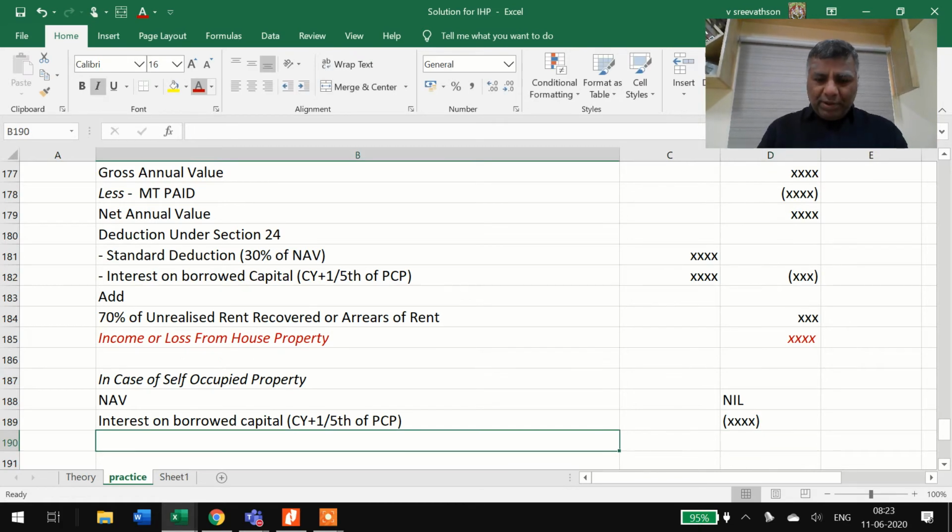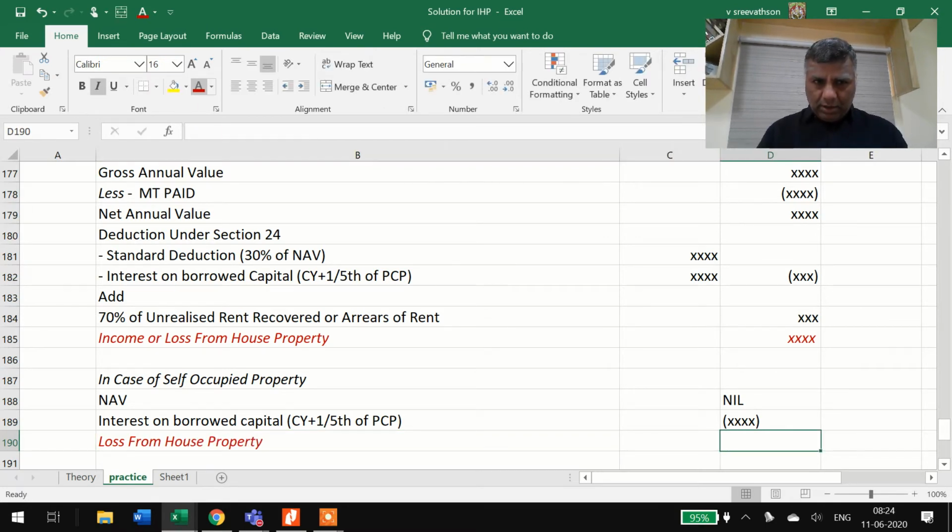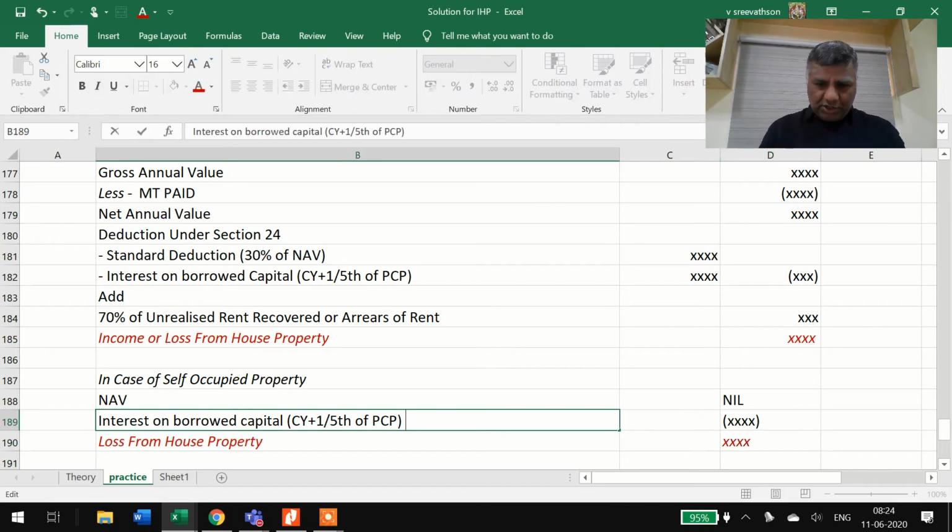So obviously here, as our friend was saying, loss from house property will be the answer because it can only be loss. Remember, this is restricted to rupees 2 lakhs.